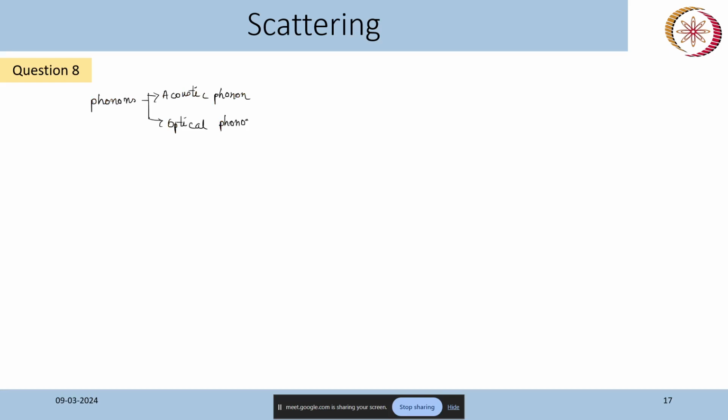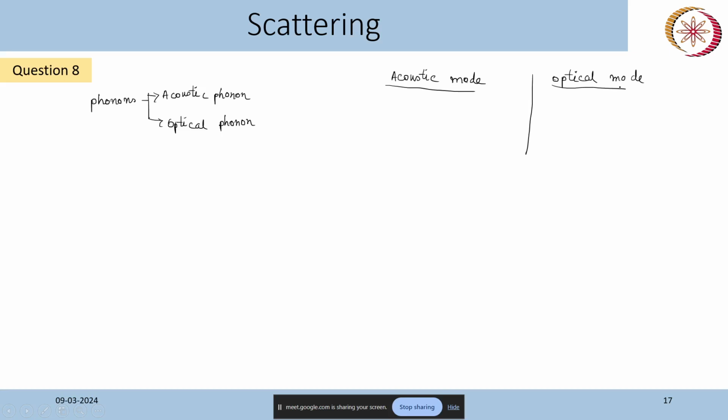So what is the difference between these two? Let's consider a 1D lattice, a 1D crystal with a basis of two atoms.